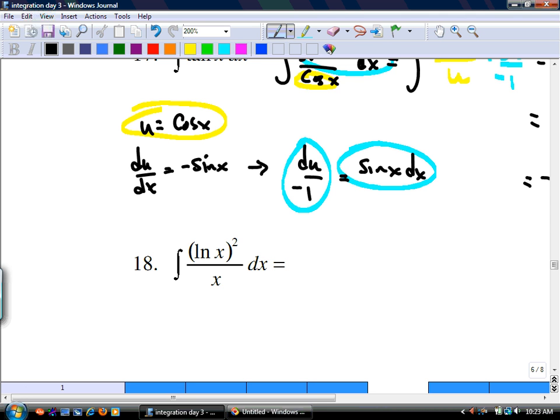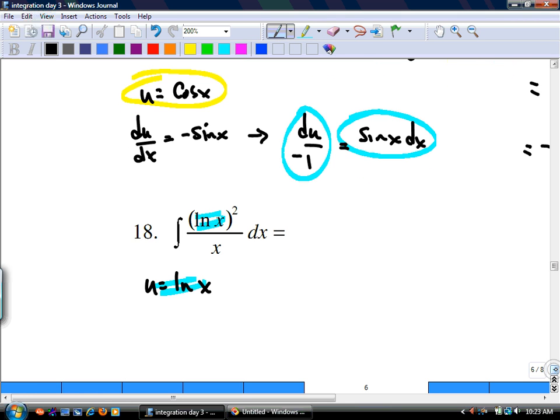What are you going to let u equal? Good. The stuff in the brackets. What's du equal to? 1 over x. So du equals 1 over x dx.